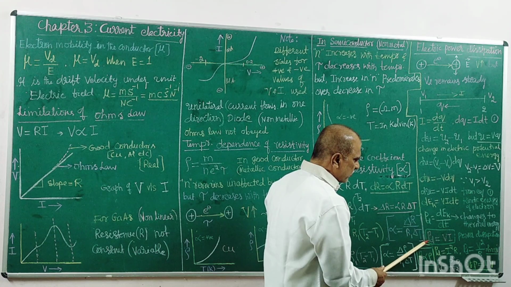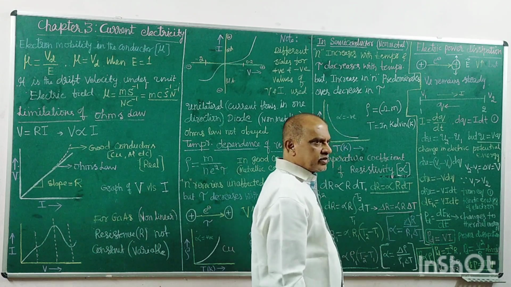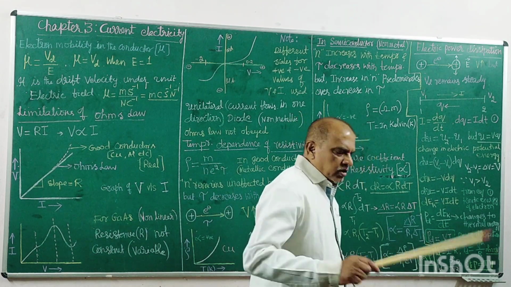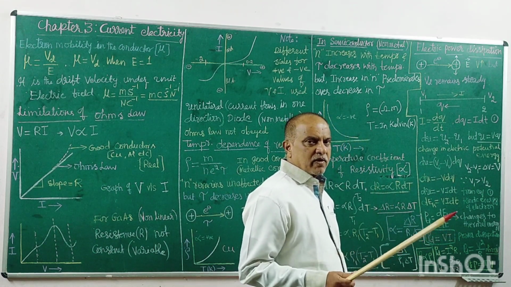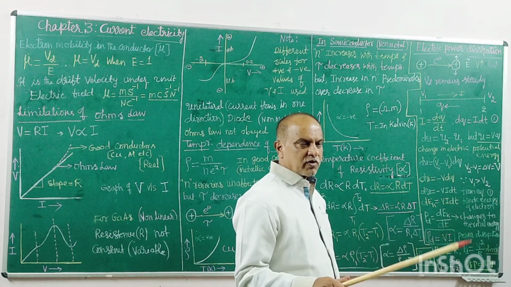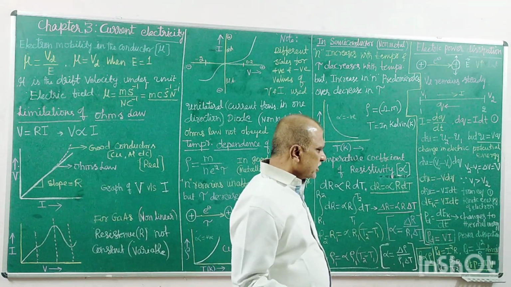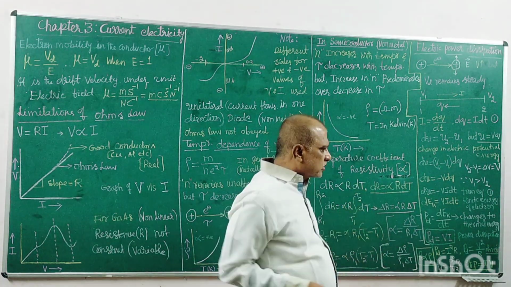Finally, look at that final equation. PD stands for power dissipation. What is meant by power dissipation? Some amount of electric power is dissipated, will go as waste in the form of heat. The temperature increases. That is unavoidable in all conductors.